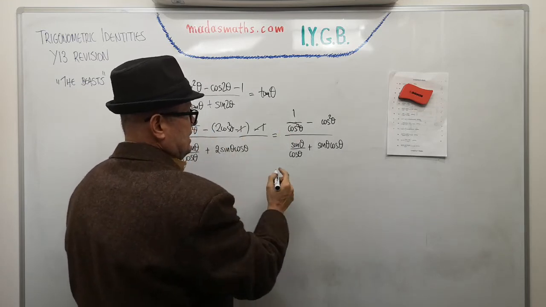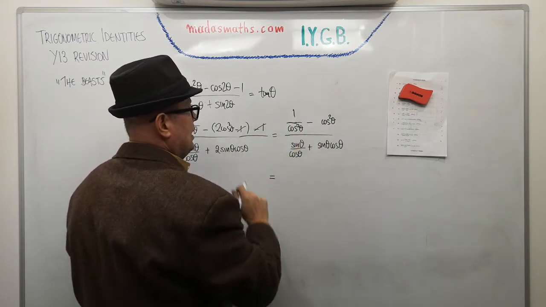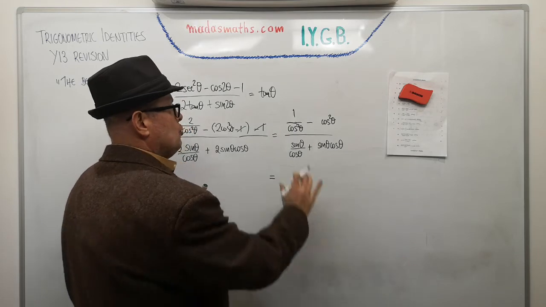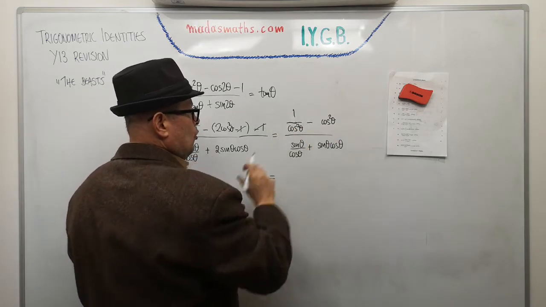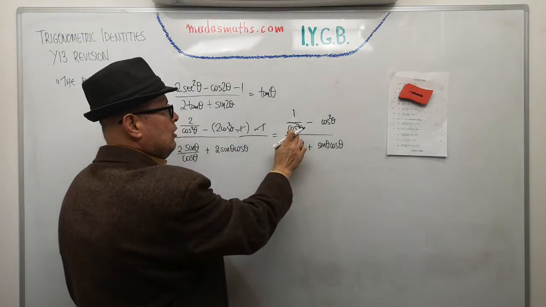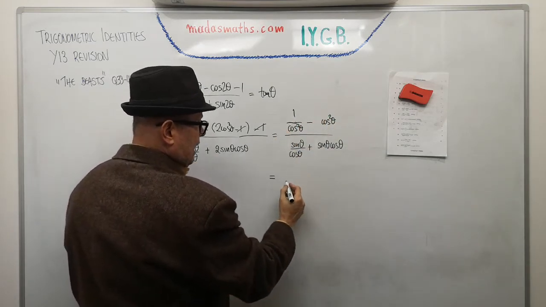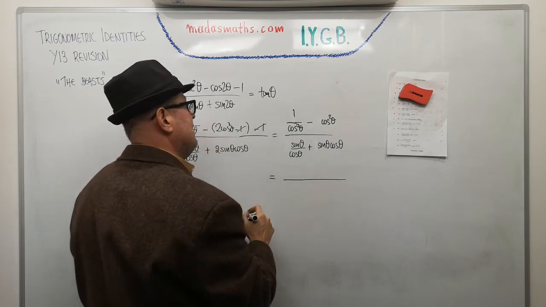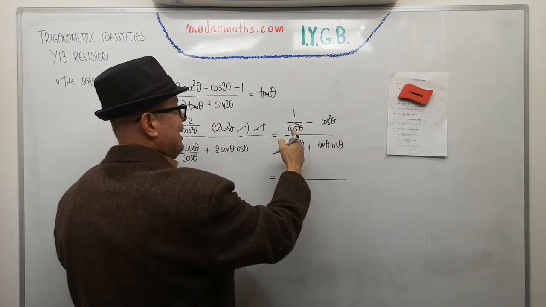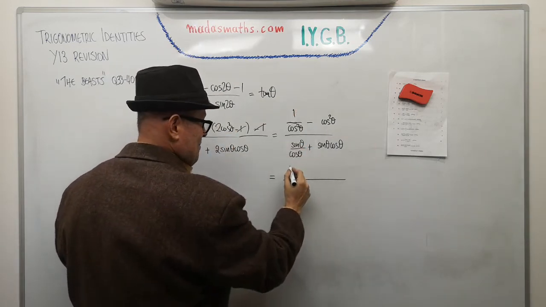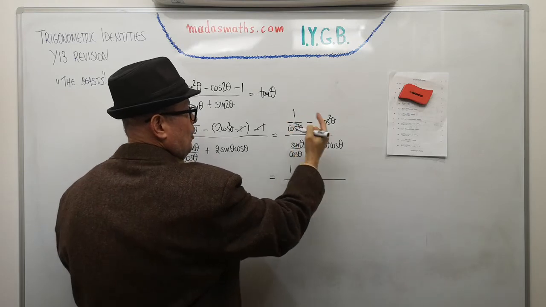To simplify that, I just need to get rid of this double fraction. I'm going to multiply top and bottom, or 4 terms, by the cos squared of theta. This will tidy everything. I have to be careful, because it's very easy to make mistakes. At the moment I've got a pounding headache on top of that. So this is going to be a 1 when I times by cos squared.